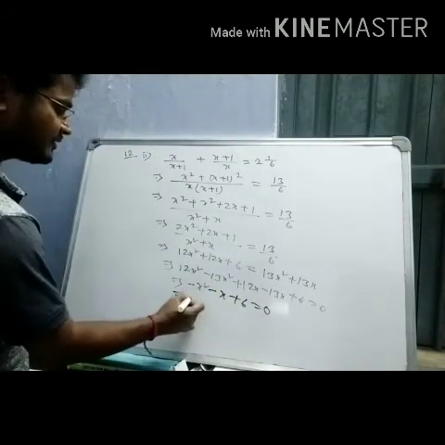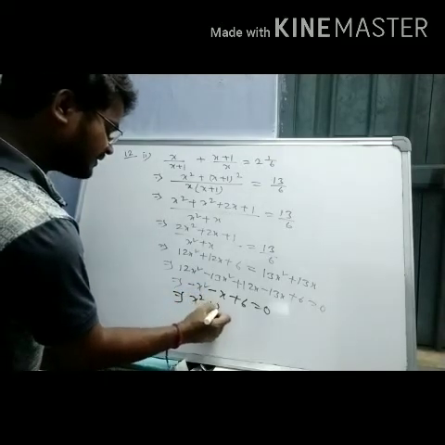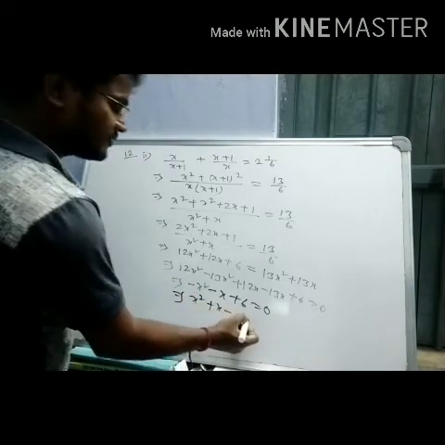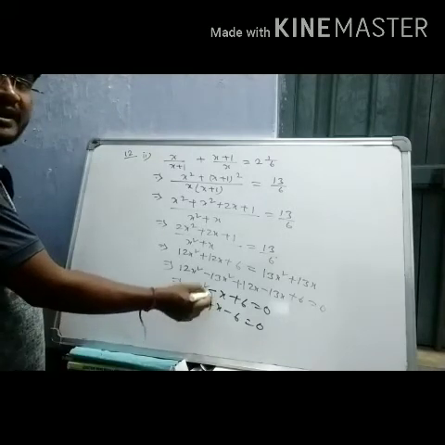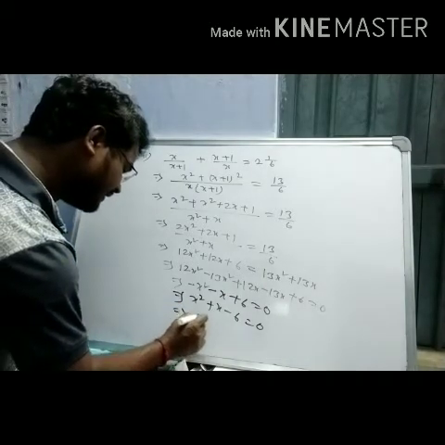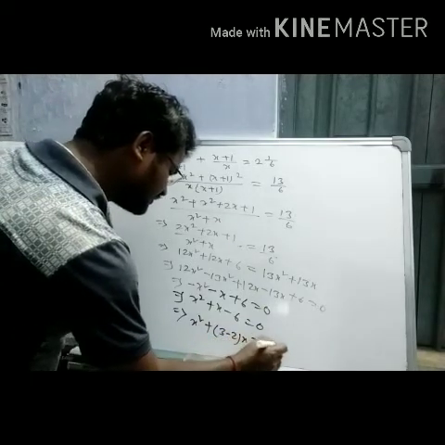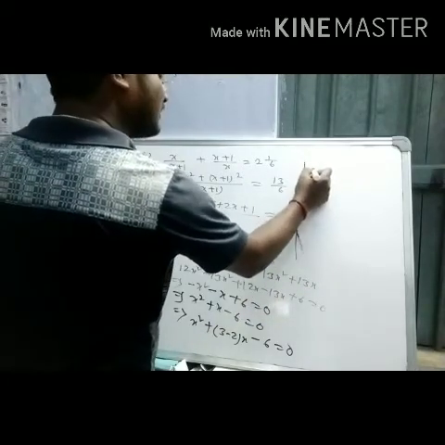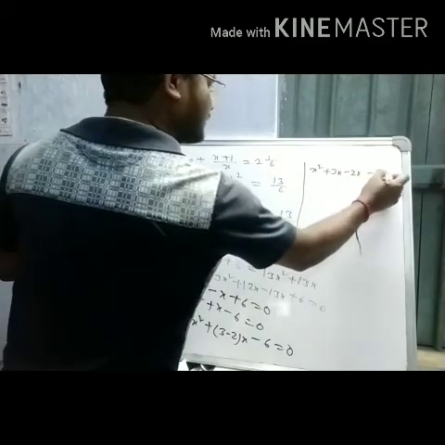Taking the common minus, it will be x² + x − 6, since you take the common minus, the signs become opposite. Now do the factorization: 3 into 6, 3 minus 2 equals 1. So we can write x² + 3x − 2x − 6 = 0.